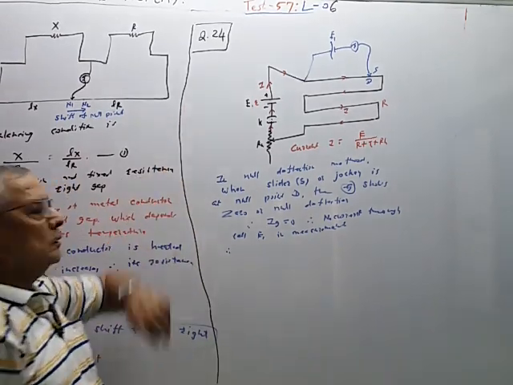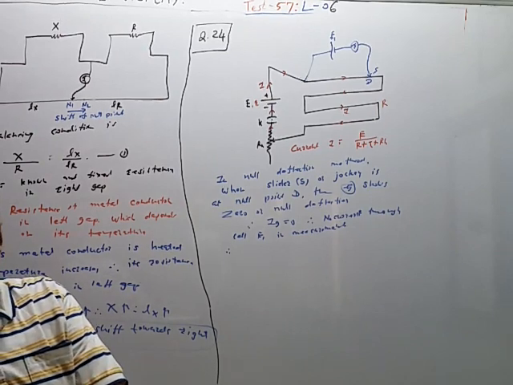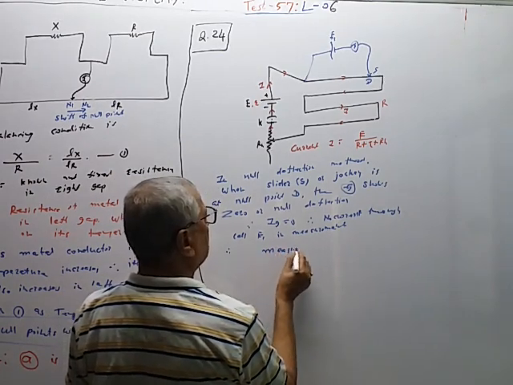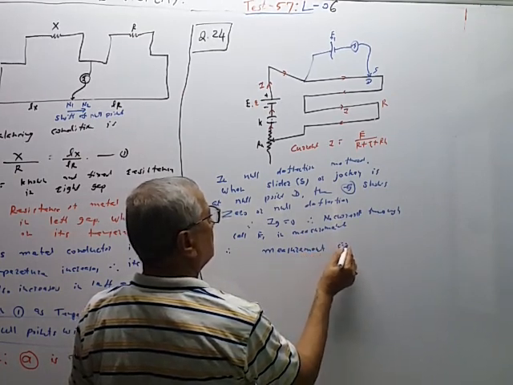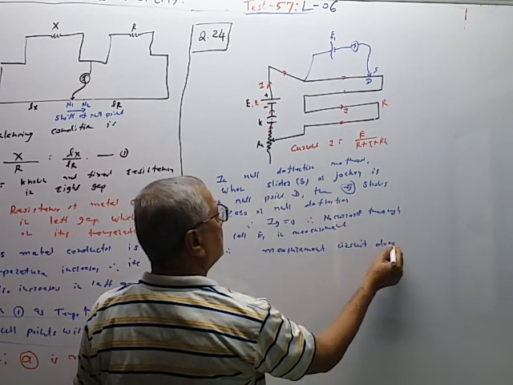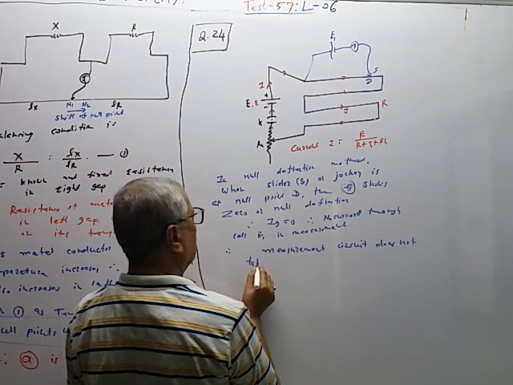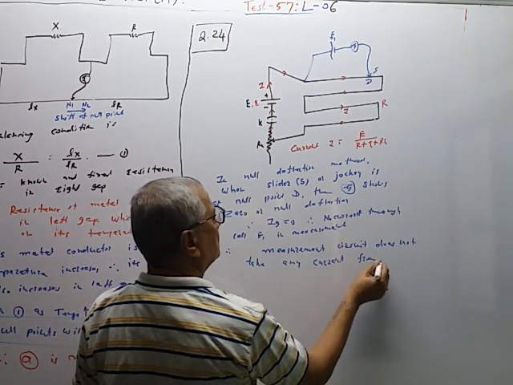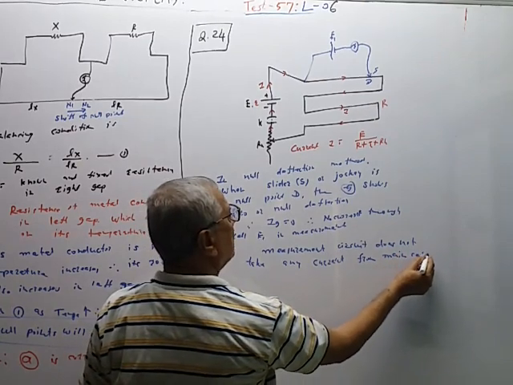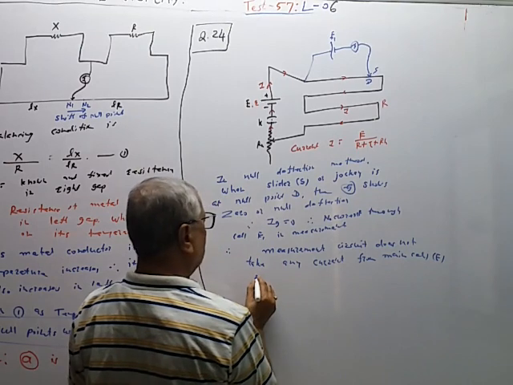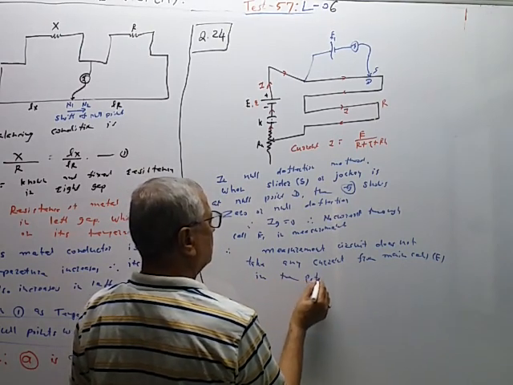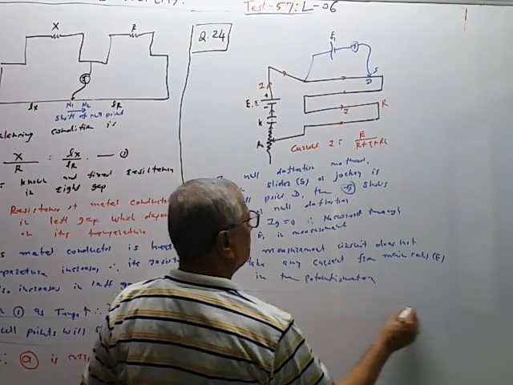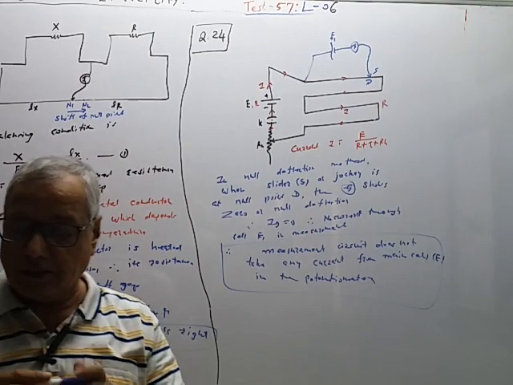So the correct answer is D. Therefore, the measurement circuit does not take any current from the main cell E in the potentiometer. So this is the correct answer. Therefore, D choice is correct.